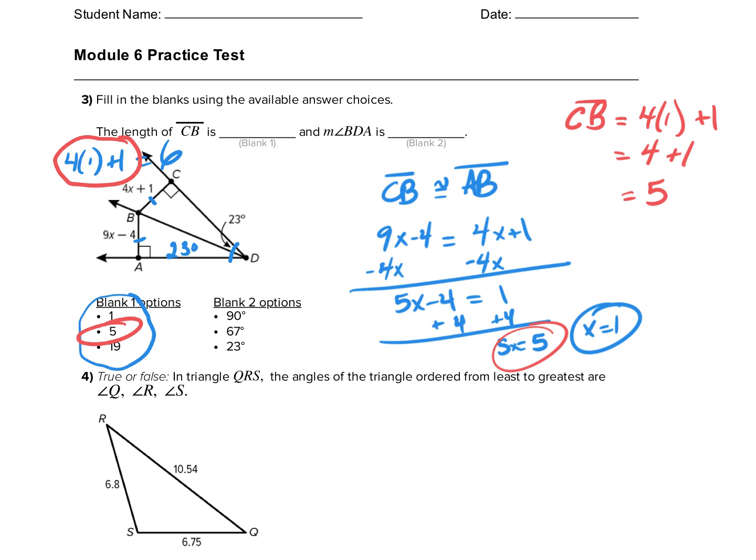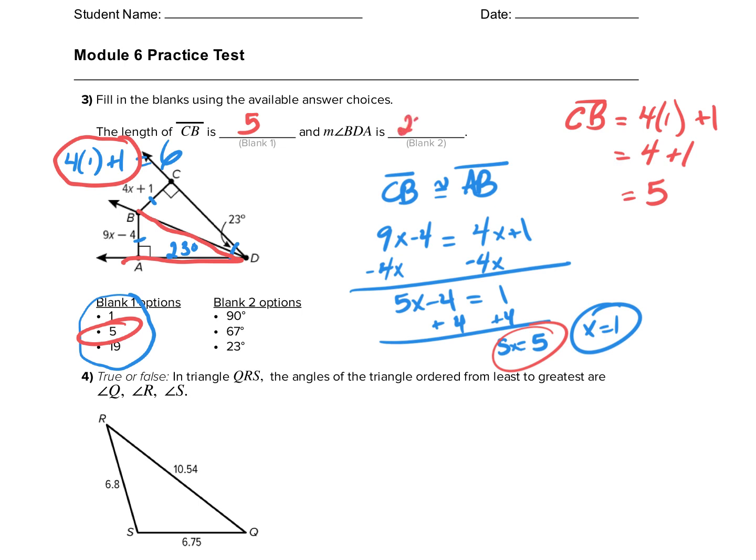Okay, so we know the length of CB is 5, and we want to know also the measure of BDA. Okay, so BDA. Well, we already determined that because of the perpendicular bisector, the bisector doesn't just cut the two bases of the triangle congruent, it also creates two congruent angles.